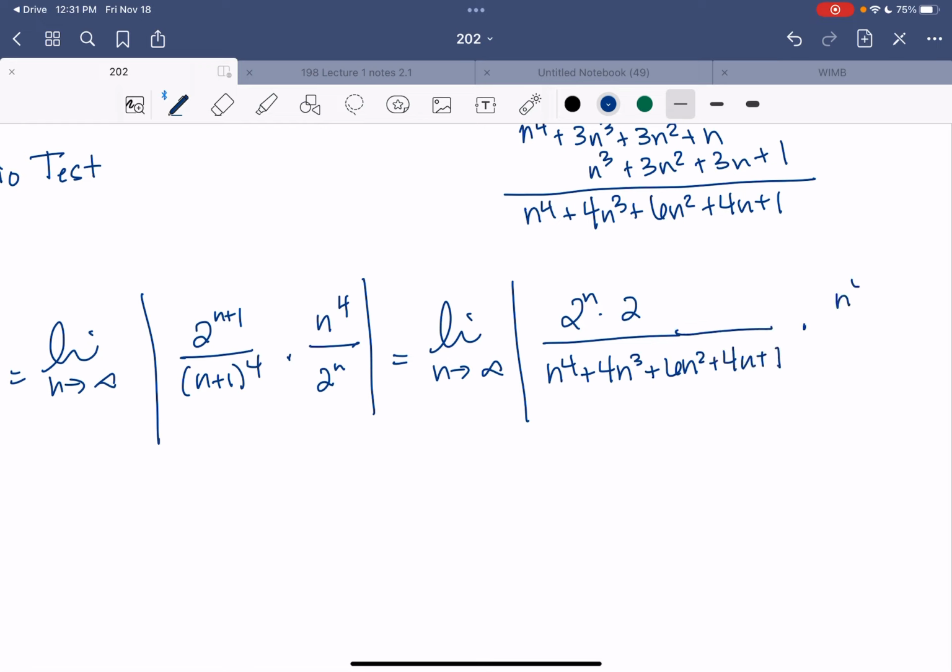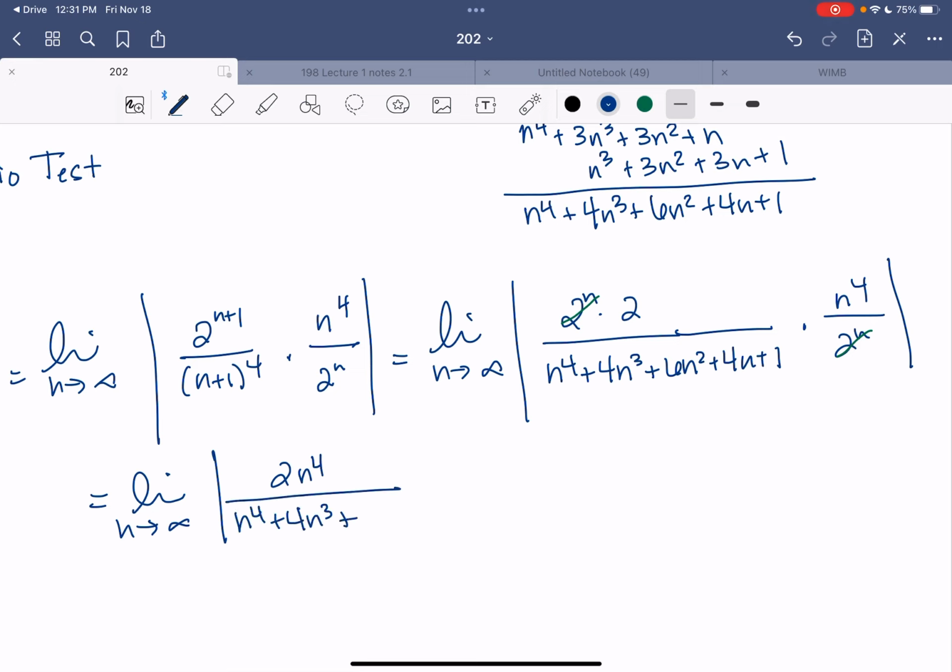So this is n to the 4th plus 4n cubed plus 6n squared plus 4n plus 1. And then I have n to the 4th over 2 to the n. Let me look at what cancels. The 2 to the n cancels, and I can pull the 2 out front, or I can leave it. Let's leave it. Let's make it the limit as n goes to infinity of 2n to the 4th over n to the 4th plus 4n cubed plus 6n squared plus 4n plus 1.